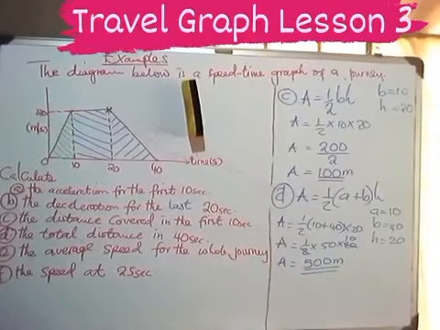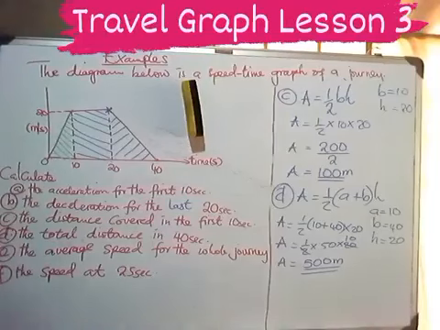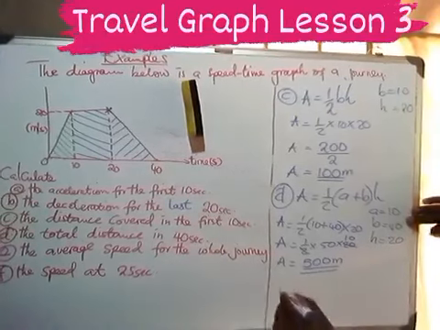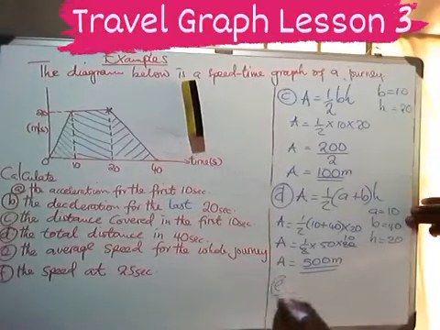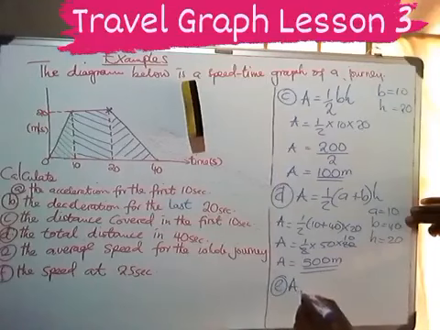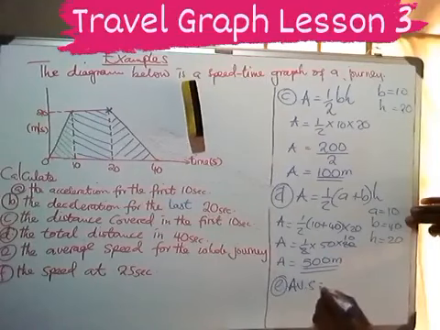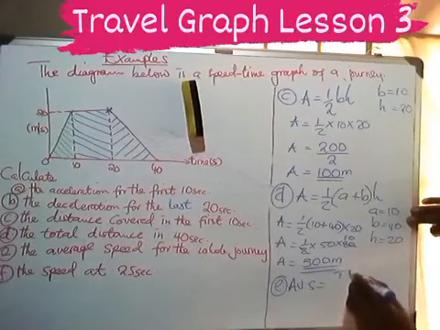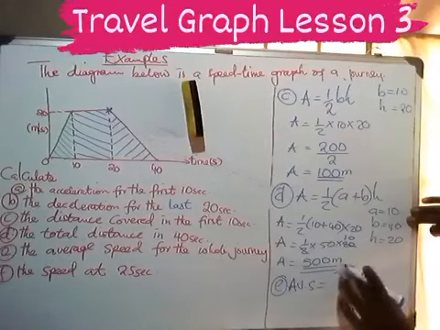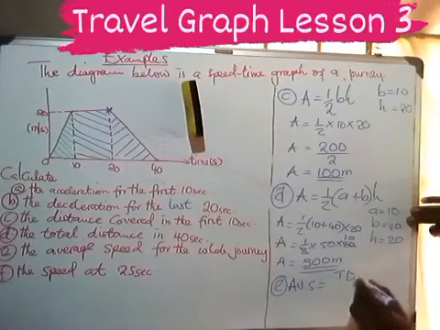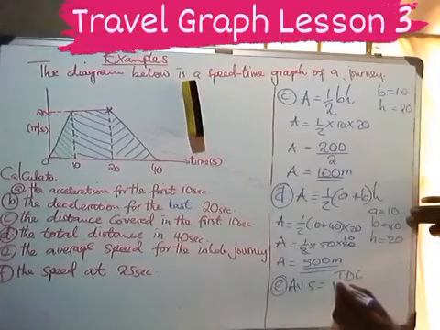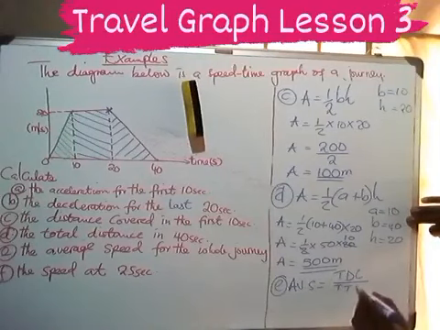Now, there are other questions which may come by asking you to find the average speed. So average speed, which is question number E, is equal to total distance covered over total time taken.